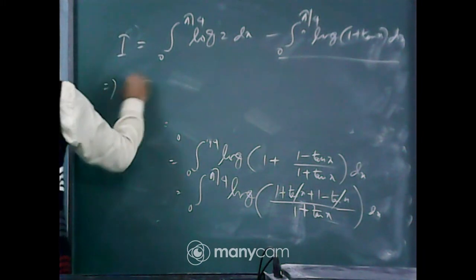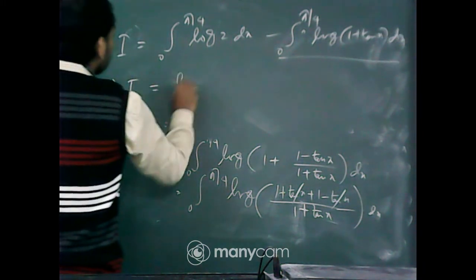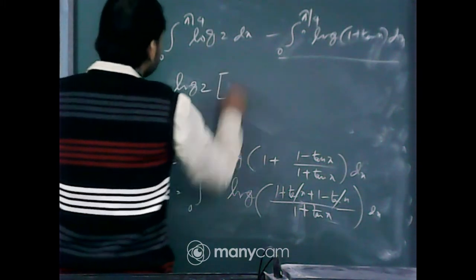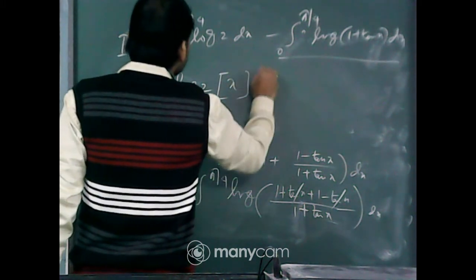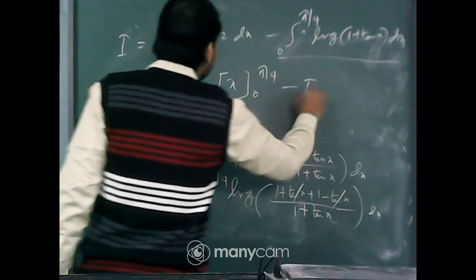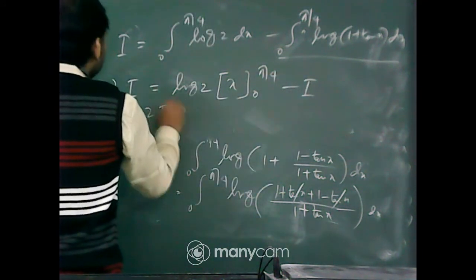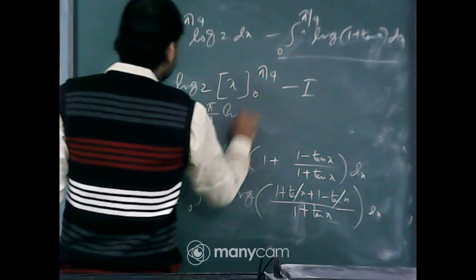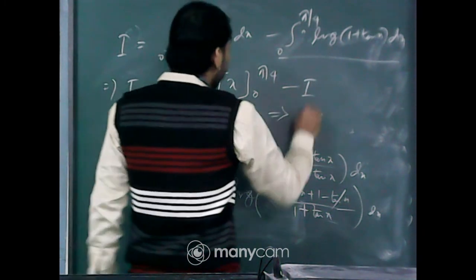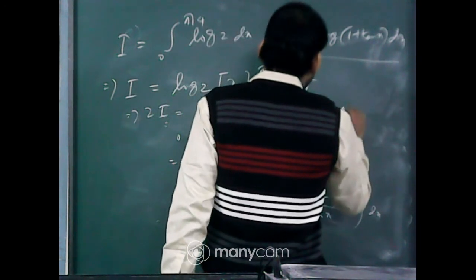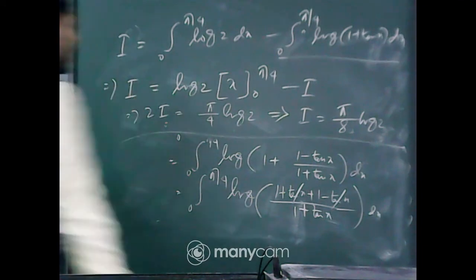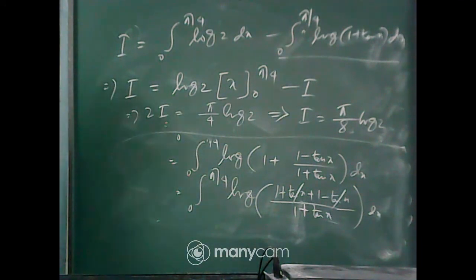So I equals log 2 coming out from the integration, and the integration of dx will give you x, limit 0 to pi by 4, minus I. That means 2I equals pi by 4 into log 2. So I equals pi by 8 into log 2. Isn't it? Very important one.